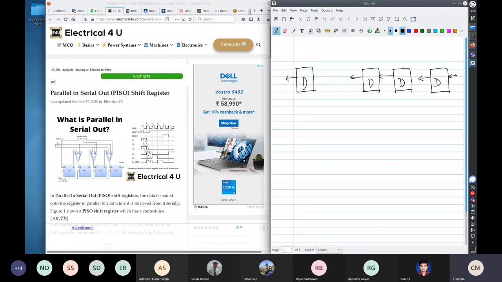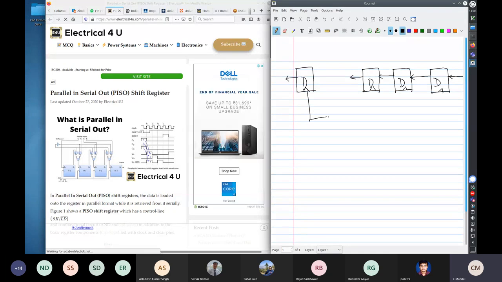So your data comes in here, and here you have a clock. All of these have a clock input, and these clocks are tied together.